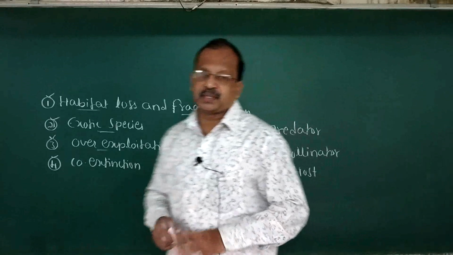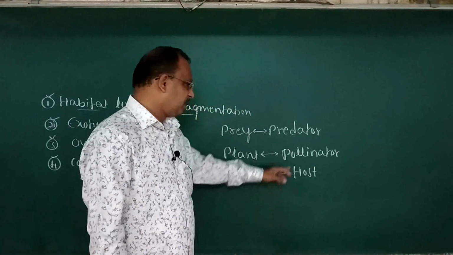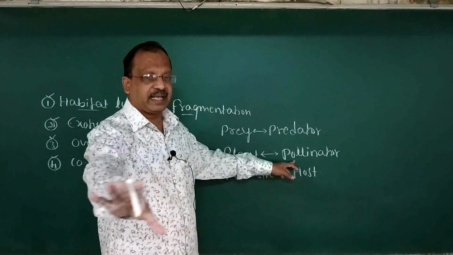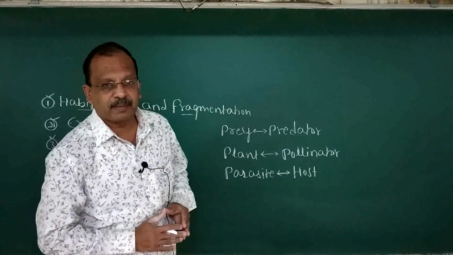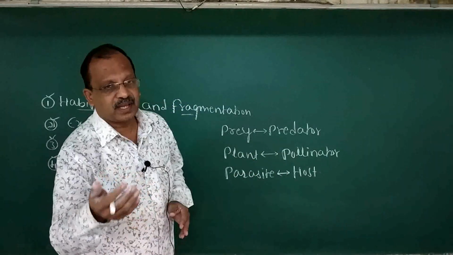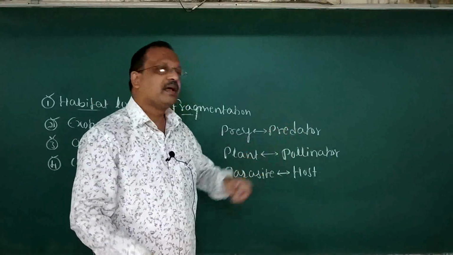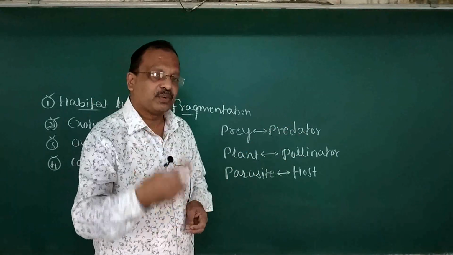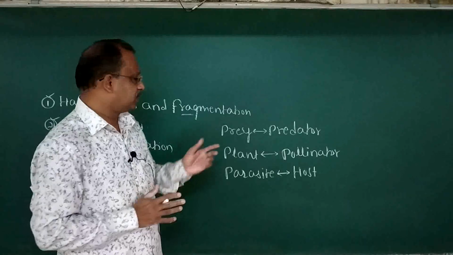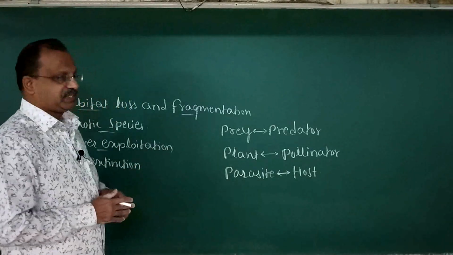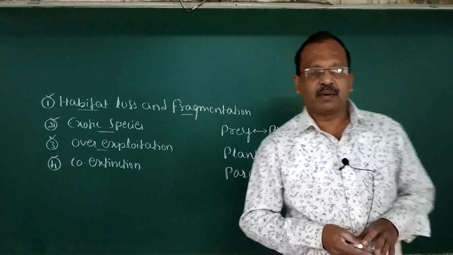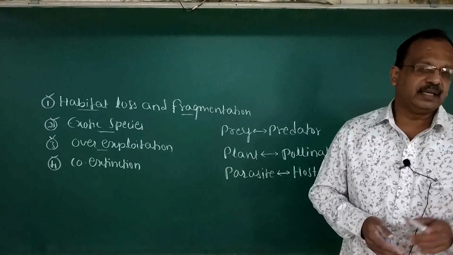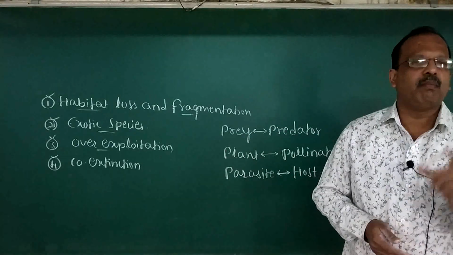If suppose pollinators are extinct, no doubt along with that plants are also going to become extinct. If the plants are extinct, pollinators are also going to become extinct. So this is co-extinction. So take care of this matter, because many times this question has come in the theory for 5 marks.